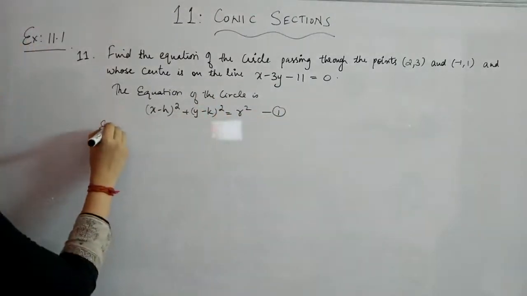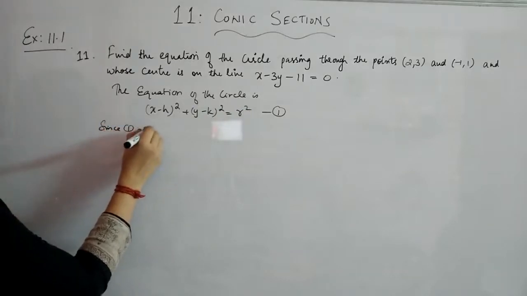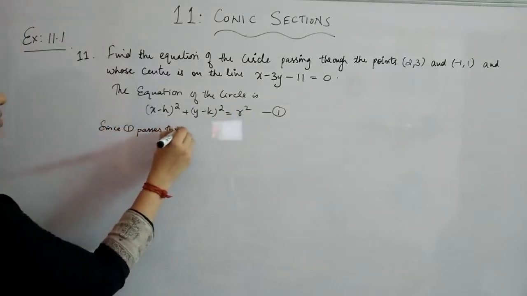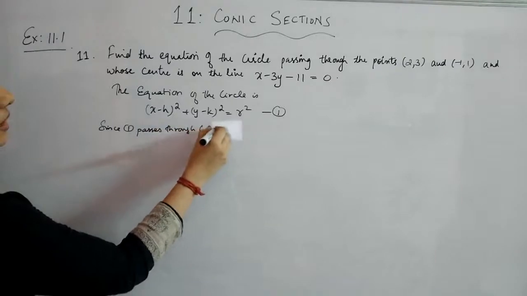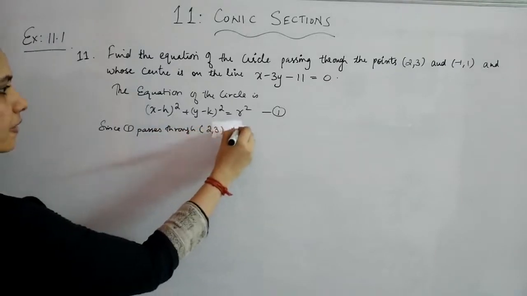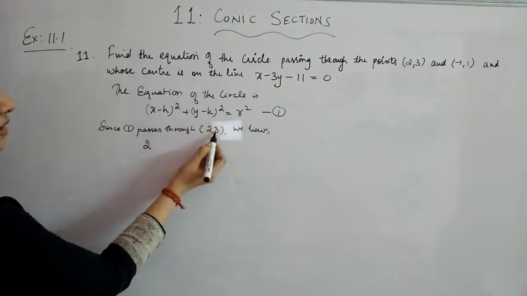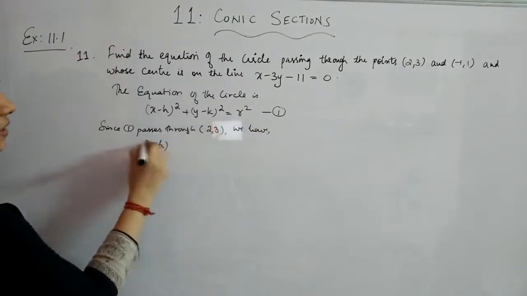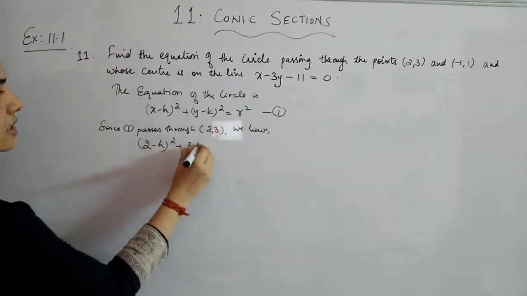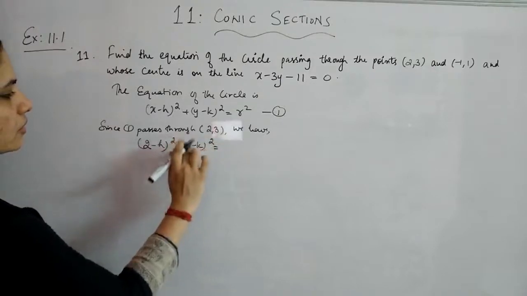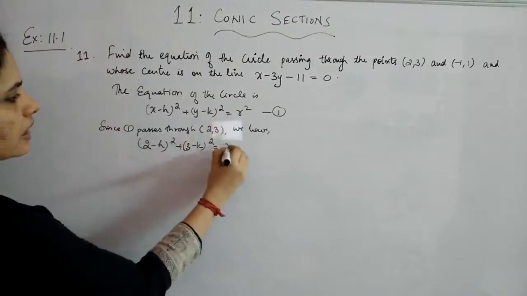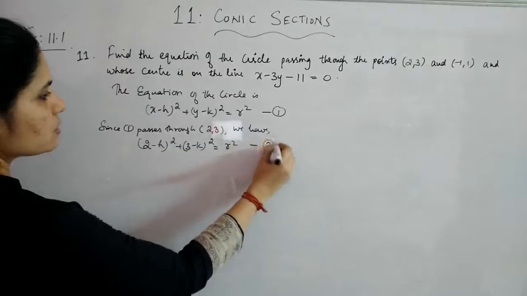Since equation number 1 passes through (2, 3), replacing x and y with 2 and 3, we will get (2 - h)² + (3 - k)² = r². Equation number 2.